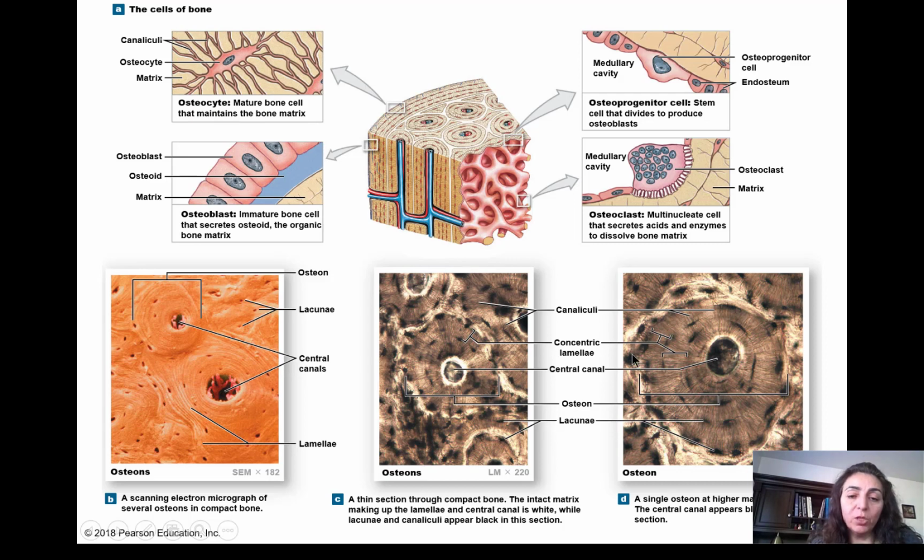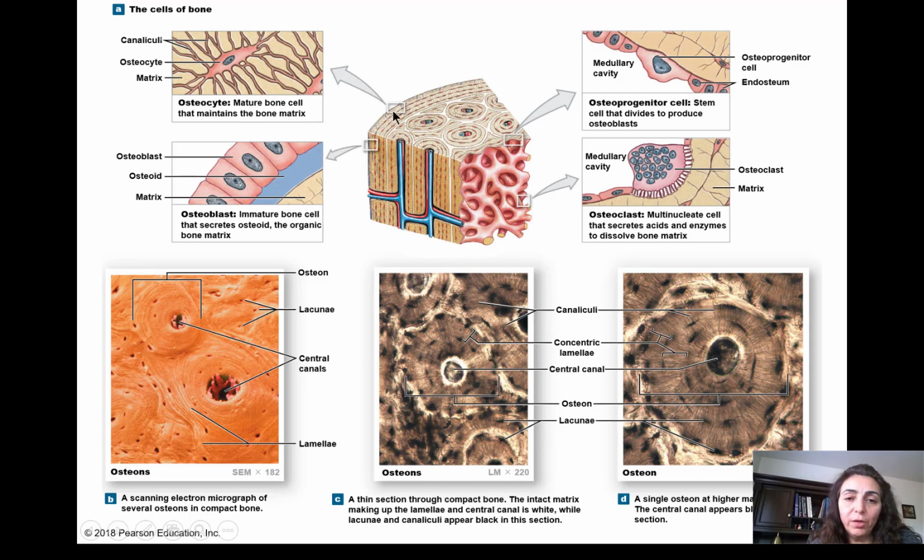I just wanted to show you the picture here, and you see that you have one here, one next to that, one next to that, all after another. And the other thing I wanted to show you is that you have the lamella at different levels.